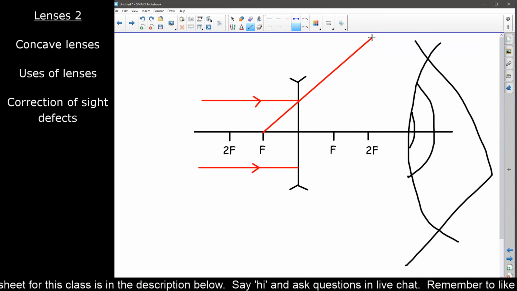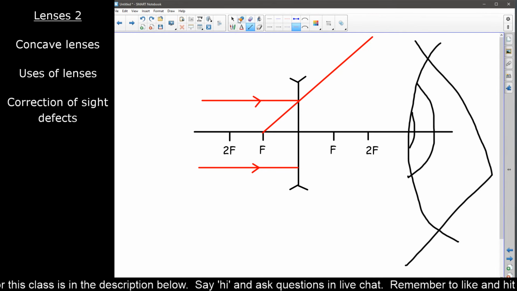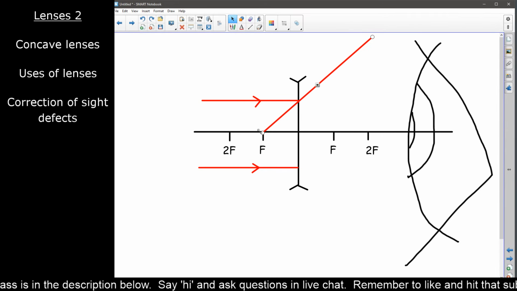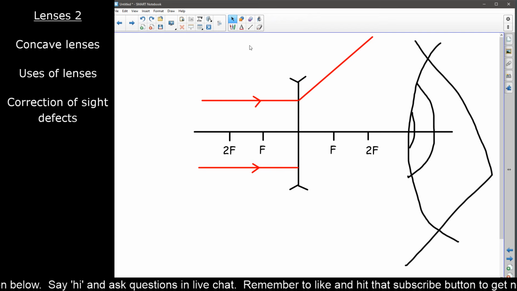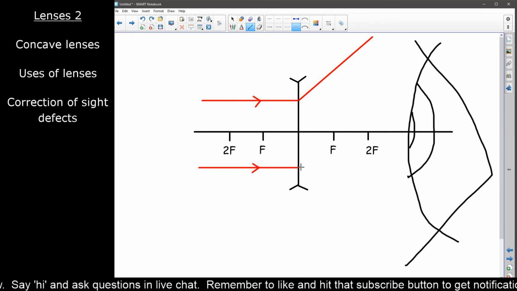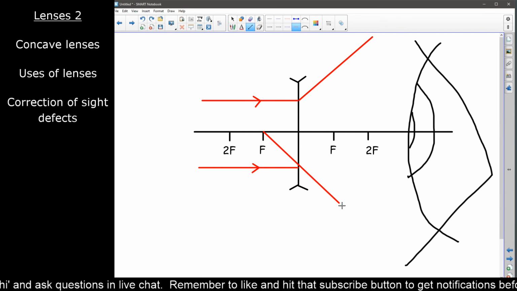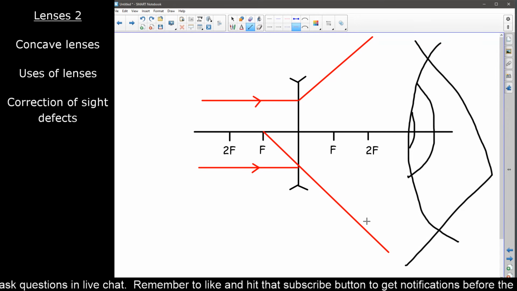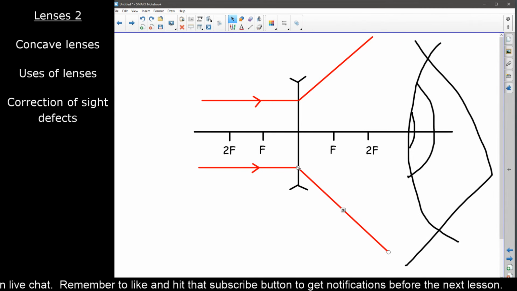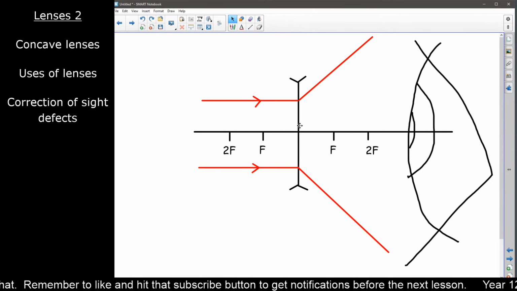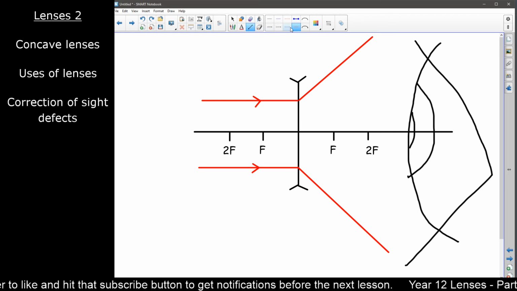I'm going to bring this eyeball a bit closer, in such a way that it looks like it came from F, like this. And this ray of light diverges outwards, making it look as if it came from F as well. Okay, so rays of light that are parallel to the principal axis, so these are your rays from infinity, make it look as if they came from the focal point F.